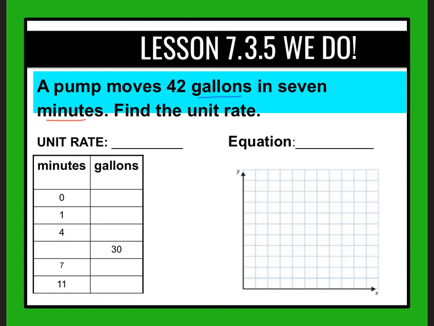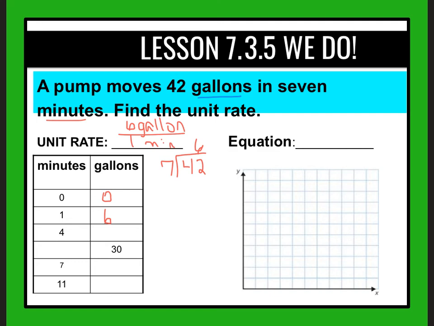Welcome back. So if I want to get the unit rate of 42 gallons in 7 minutes, I know that would be 6 gallons in 1 minute. So that's going to be my unit rate: 6 gallons every single minute.